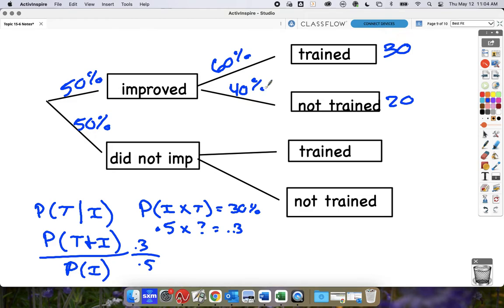Okay, the next question goes to the bottom. It says the probability that a swimmer did not experience improvement in his or her race and trained the week before. So now we're down here at the bottom of the tree. Did not improve and trained is 10%. So not trained would be 40%. That gives us a total of 50% of people that did not improve. So it wants to know, what is the probability that you trained given you did not improve?